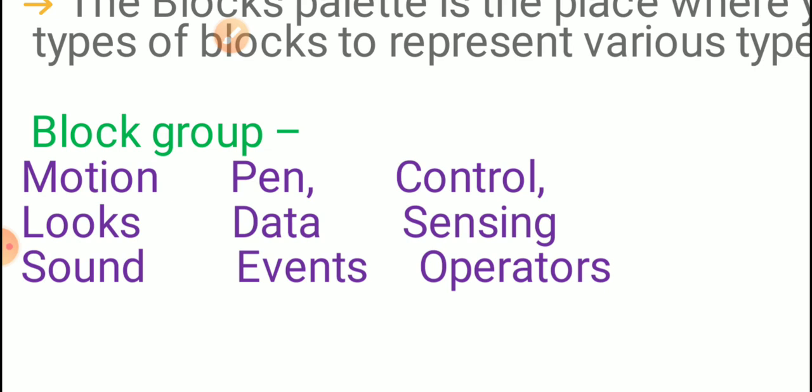So when we press an object with a mouse, an action can be started. So when you press any particular key, at that time the actions can be performed. That is events. Next block is control block. This block has control over certain actions. And sensing, operators and data are the different blocks available in the blocks category.